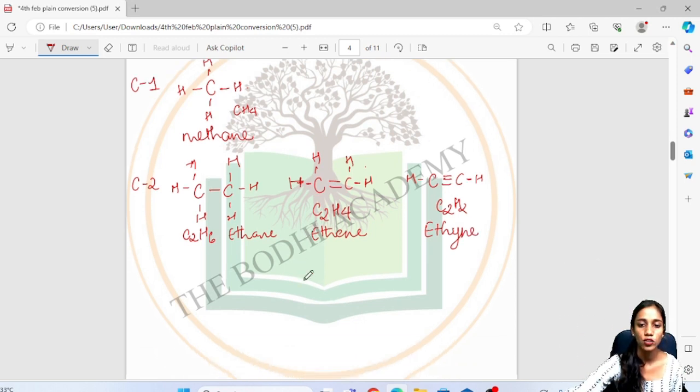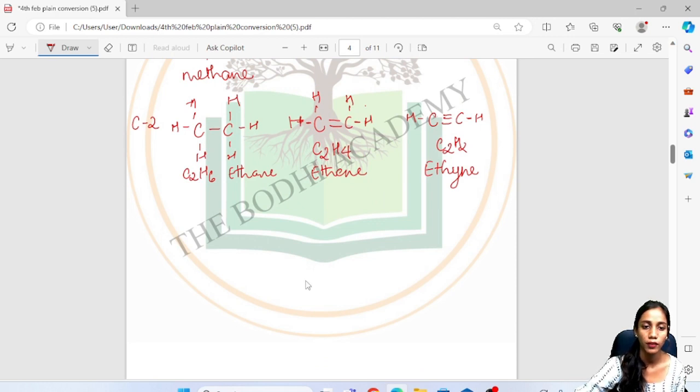Now let's see the next one, when there are 3 carbons. Over here there are 3 carbons, so you write 1, 2, 3. Again comes the satisfaction of valency.